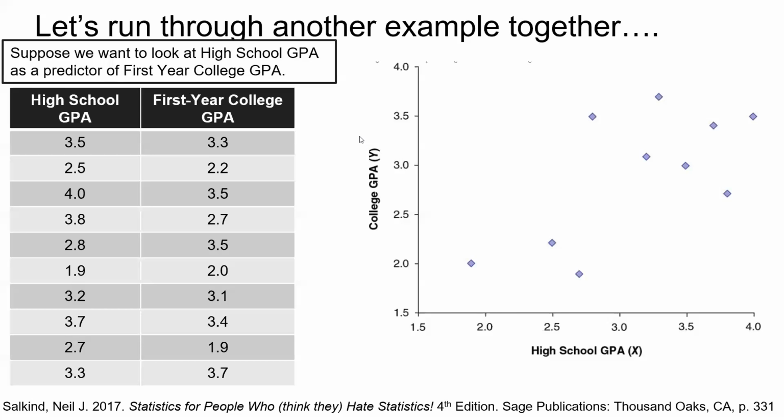College GPA is our y-axis, our dependent variable. Here we have our student who has a 4.0, and they had a GPA of 3.5. So that's this student right here. The student right here was the 4.0 student with a GPA of 3.5.